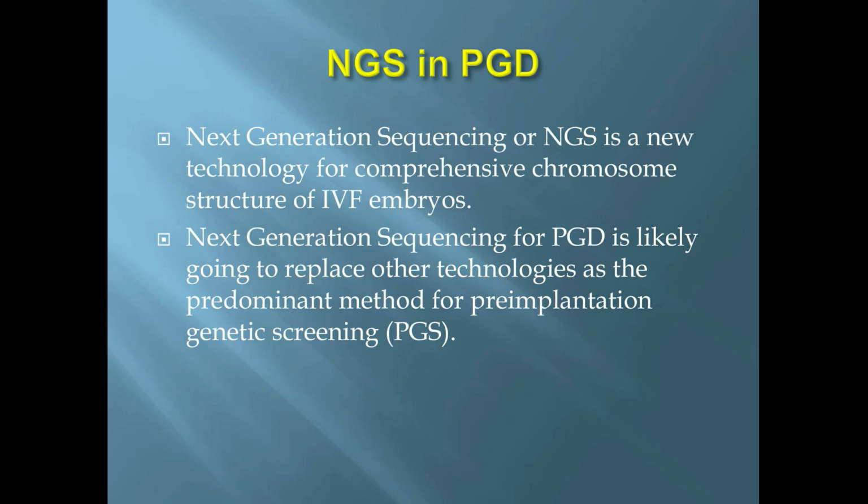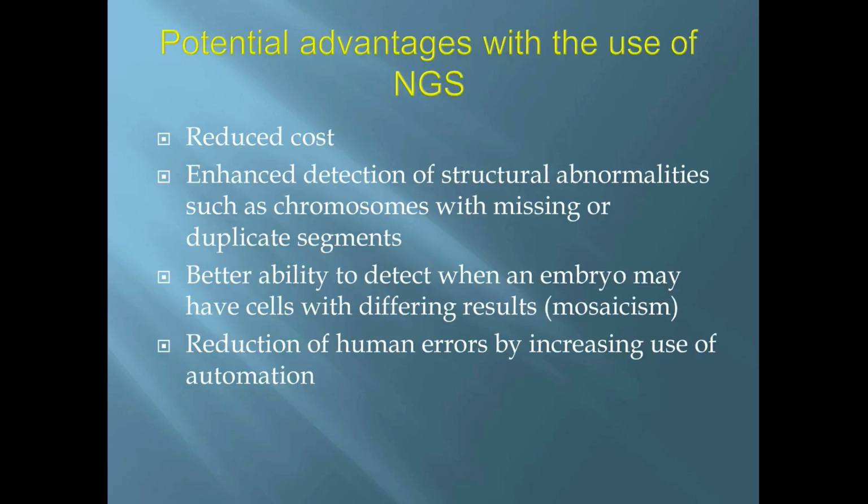It is the application of next generation sequencing, or the NGS. It is a new technology of comprehensive chromosome structure analysis of IVF embryos. Next generation sequencing for PGD is likely going to replace other technologies as the predominant method for pre-implantation genetic screening.